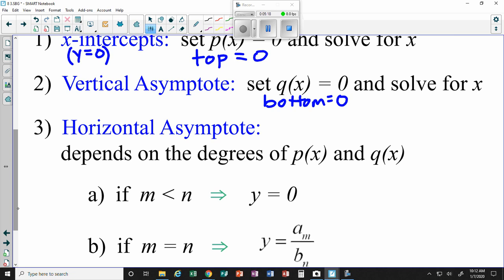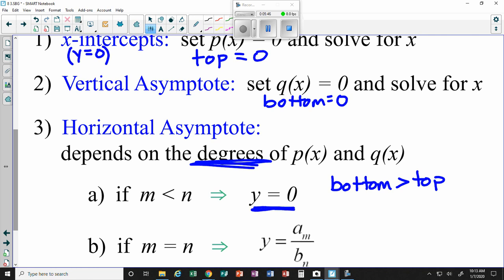Horizontal asymptotes depend upon the degrees of the top and the bottom. What I always say is, it's y equals 0 if the bottom is bigger than the top. Talking about the degrees here. If the degree on the bottom is bigger than the degree on top, it's at y equals 0.